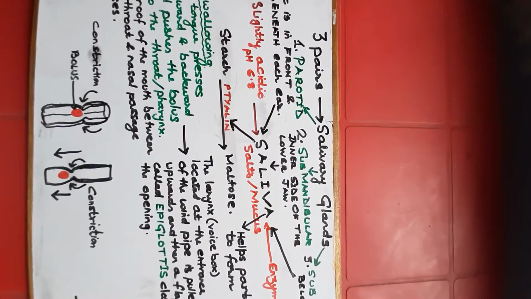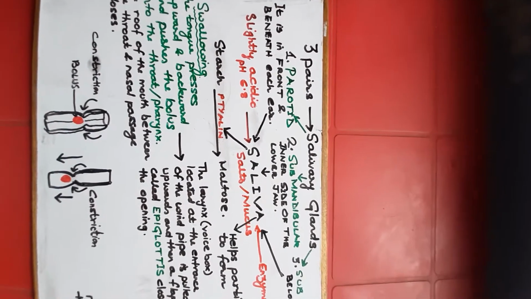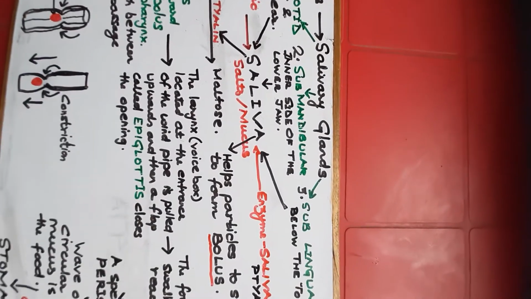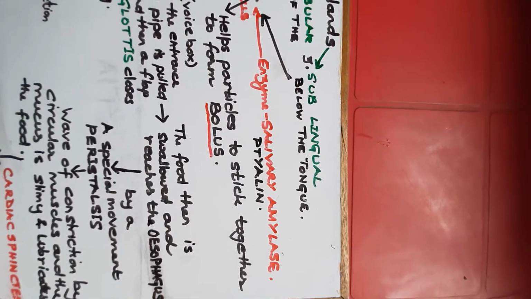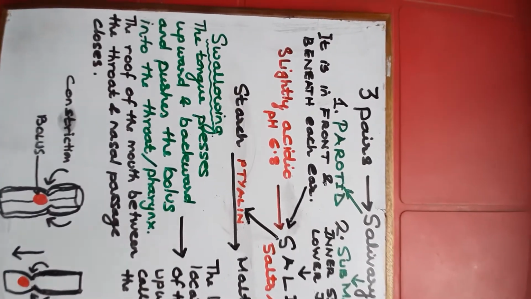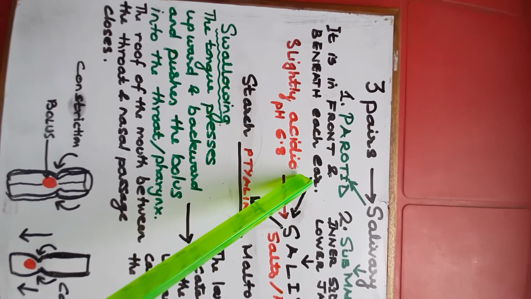There are three pairs of salivary glands. The first pair is called the parotid gland, the second one submandibular, and the third one is called the sublingual. Now where are they present? Parotid, it is present in front and beneath each ear.